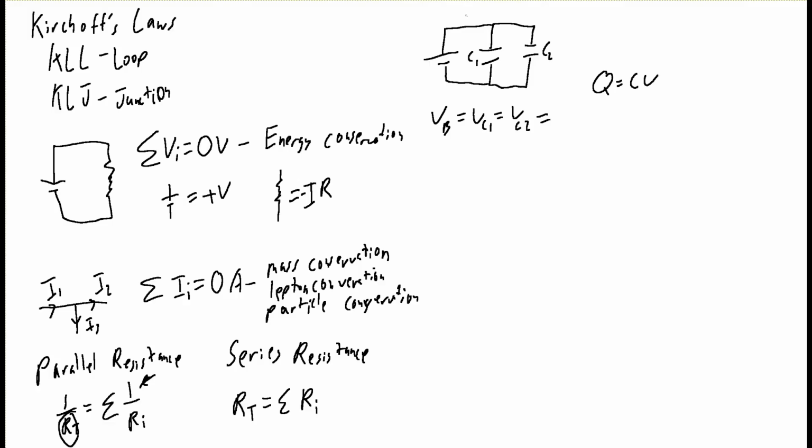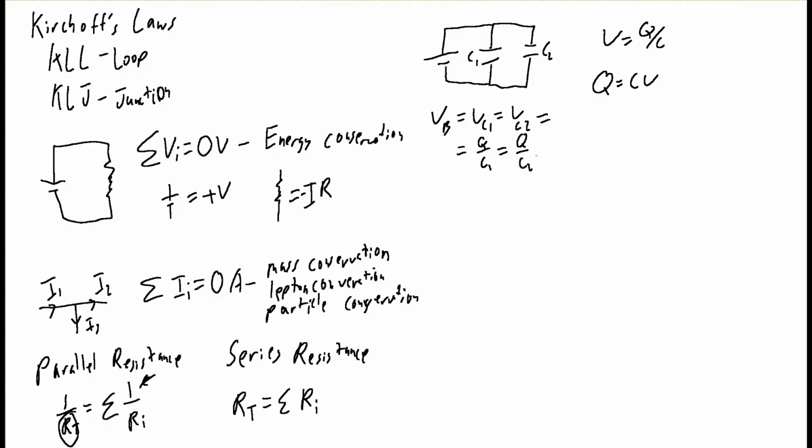So that means that V is equal to Q on C. So this is equal to Q on C1, and that is Q on C2.